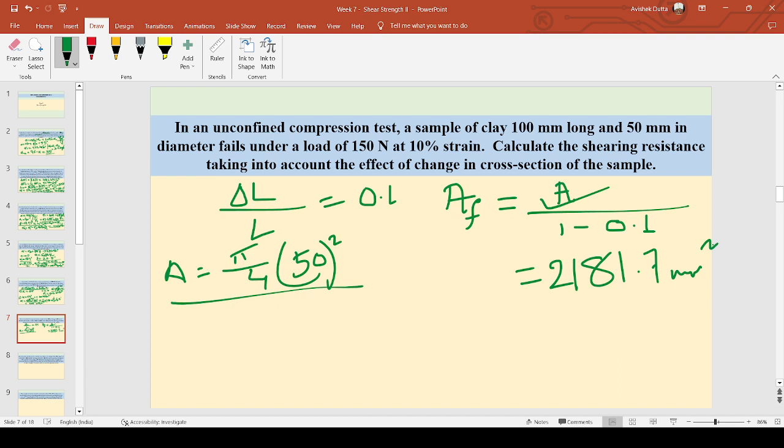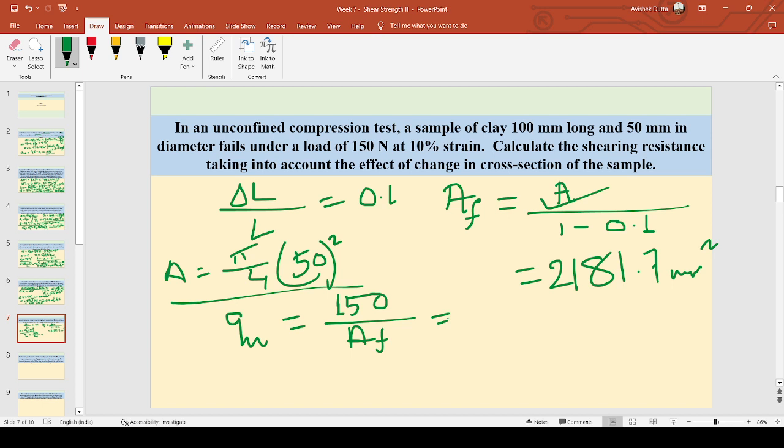But this is an unconfined compression test. First we will find out the compressive strength. The unconfined compressive strength is equal to the load at failure, that is 150 N, divided by the changed cross section area, because it takes into account the change in cross section. So AF 150 Newton divided by this gives approximately 0.06875.